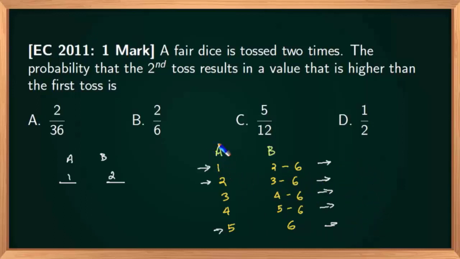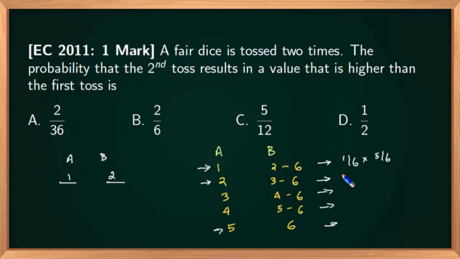Now I have to make sure that in the first toss I get a 1, which has a probability of 1 by 6, and I get 2 or 3 or 4 or 5 or 6, which means that out of 6 different outcomes, 5 are favorable, that is 5 by 6.